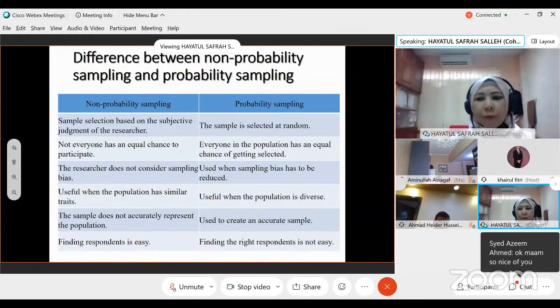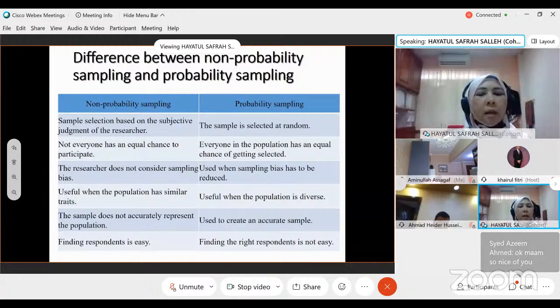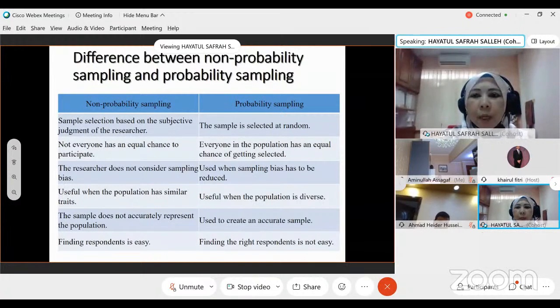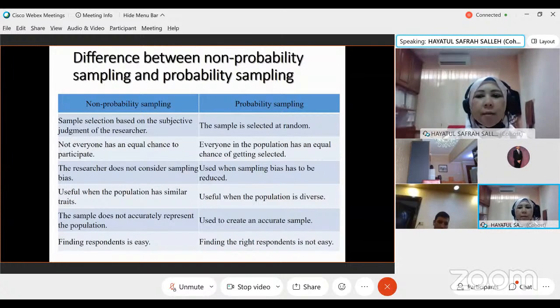If you can see on your right, in probability sampling, the sample is selected randomly. It must be random, because we want to make sure that every single member of the population has an equal chance of being selected in your study.